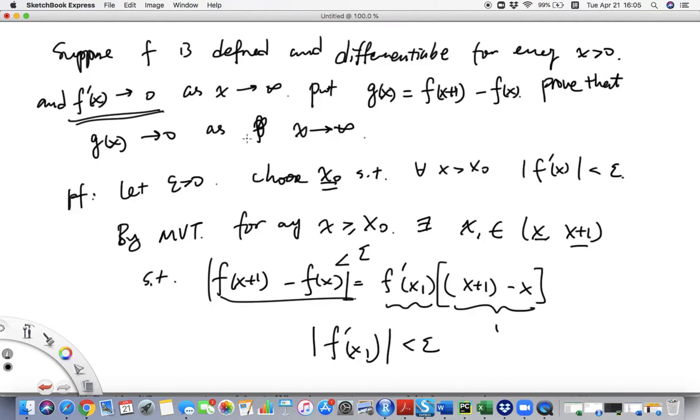Okay. All right. Next, suppose f is continuous for x greater than or equal to 0.